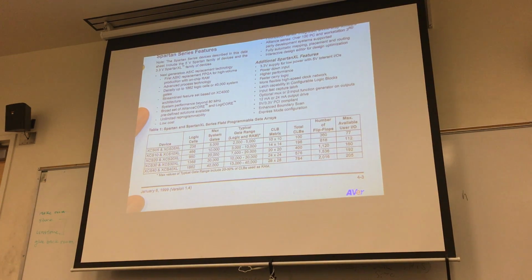And for those of you who attended the public school system and never learned how to multiply, they give you a column that tells you how many total configurable logic blocks. So 10 times 10, for example, is 100, in case you didn't know that. It also tells you the number of flip-flops that are available in the device and the maximum number of input and output blocks that you have.